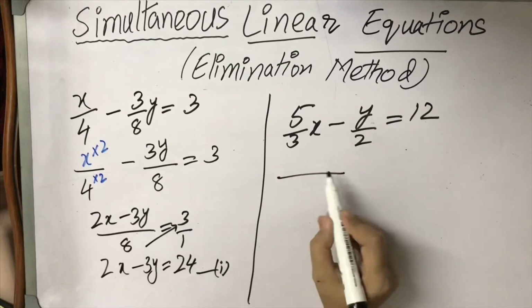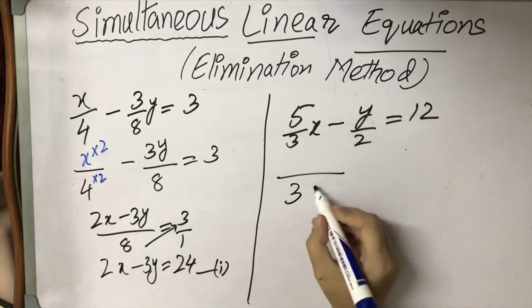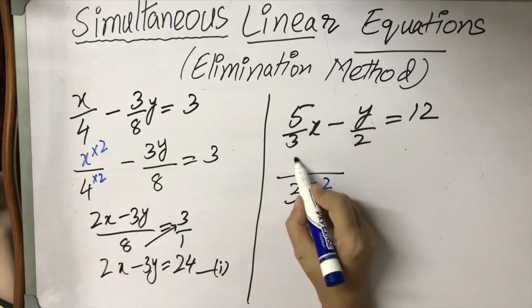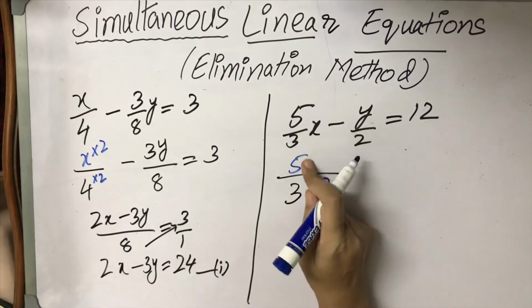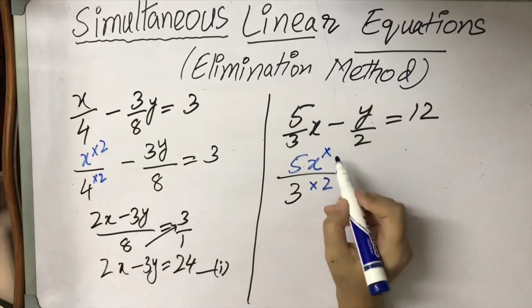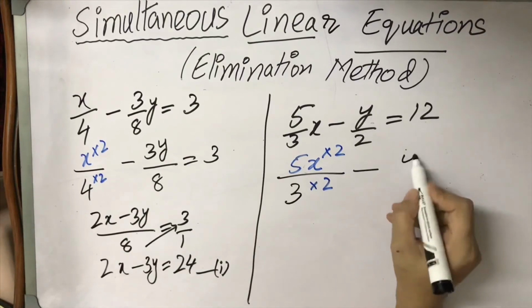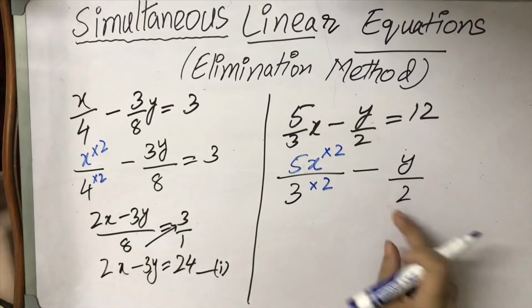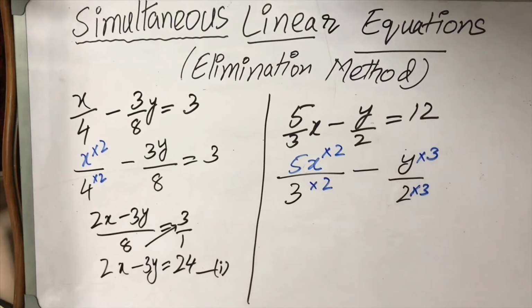Similarly here, 3 and 2 LCM is 6. 3 multiplied by 2 and 5 multiplied by 2. 5x multiplied by 2. 5 over 3x can be written as 5x over 3, and similarly y over 2 will become like this.